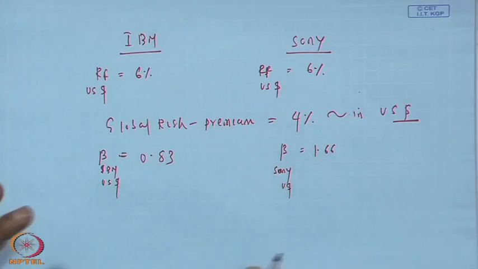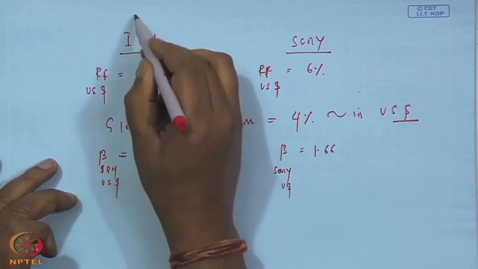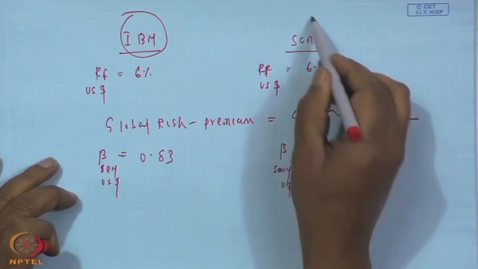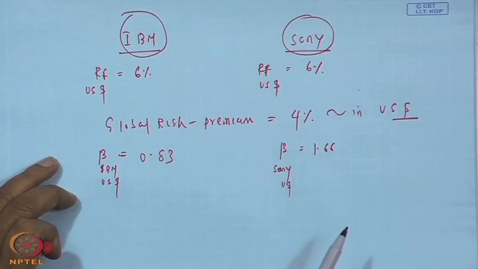We have to price the cost of equity of IBM in US dollar and the cost of equity of Sony in US dollar.